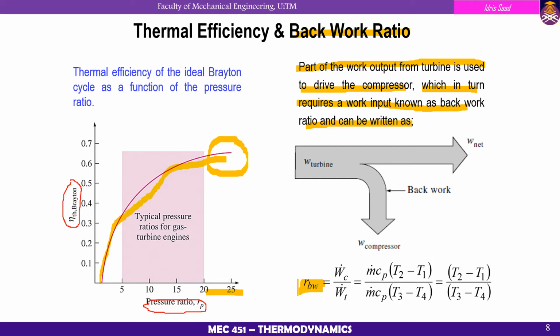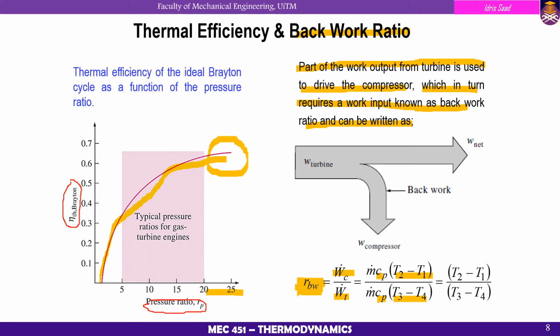So we have to remember Rv is compression ratio, Rp is pressure ratio, Rbw is back work ratio, which is the work from the compressor divided by the work from the turbine. We know that work from the compressor is equal to Cp (T2 minus T1), and work from the turbine is Cp (T3 minus T4).